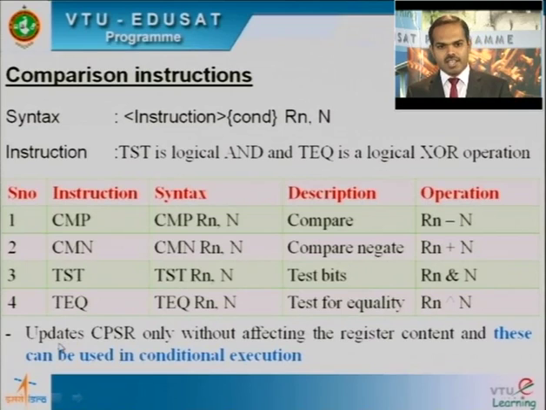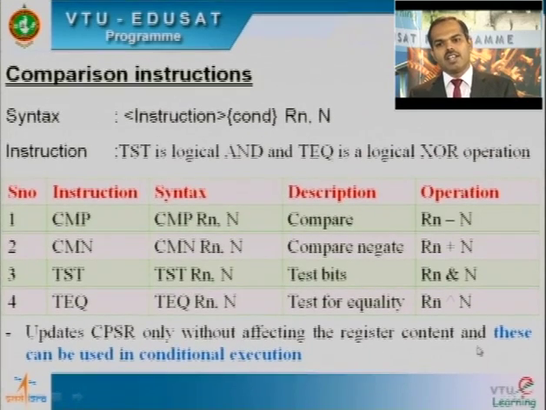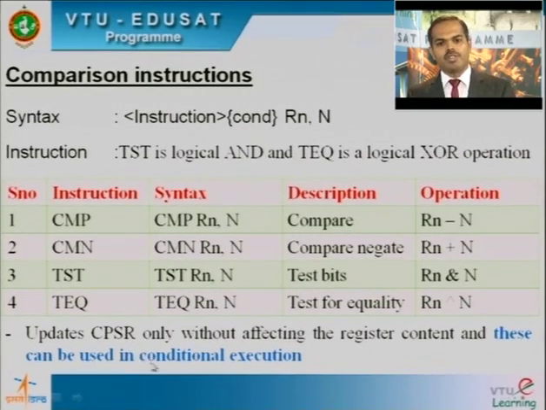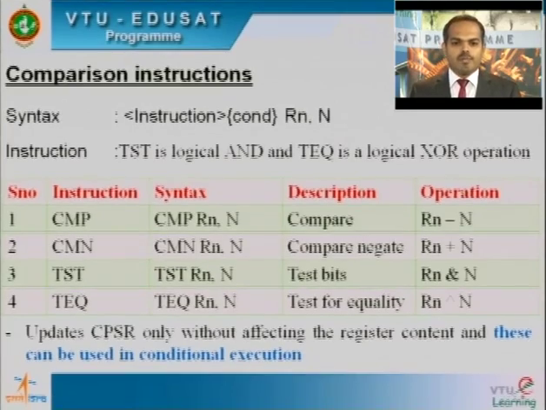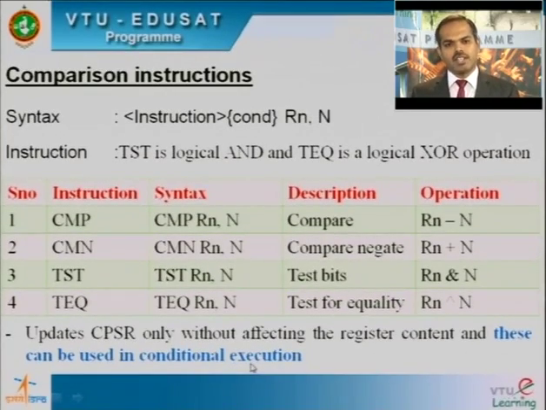Look at the last line here. Comparison instructions update CPSR only without affecting the register content, and these can be used in conditional execution. Before executing any instruction with a conditional suffix, we can use a comparison instruction to generate that condition.